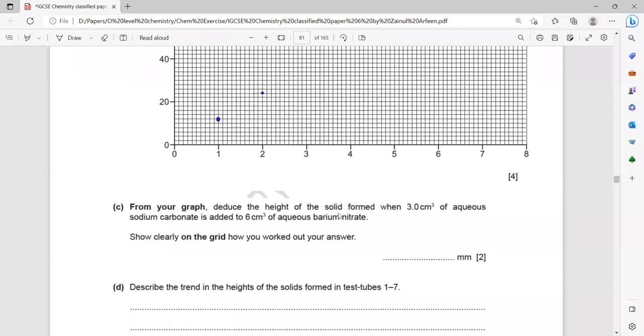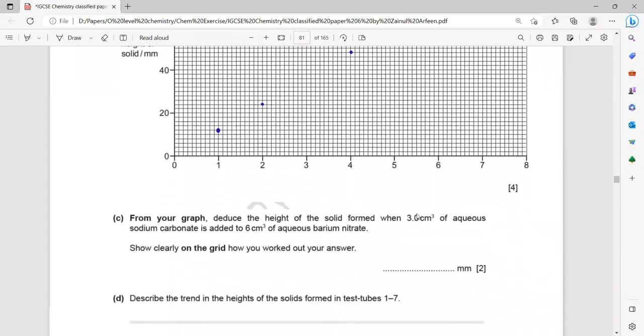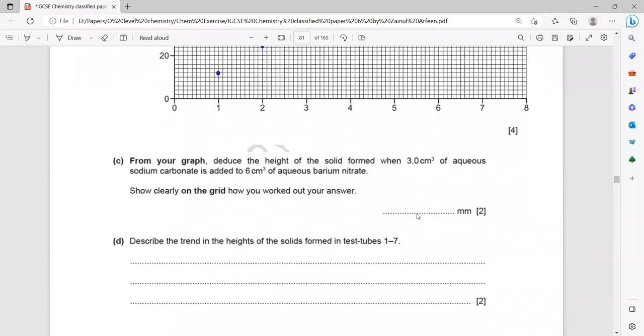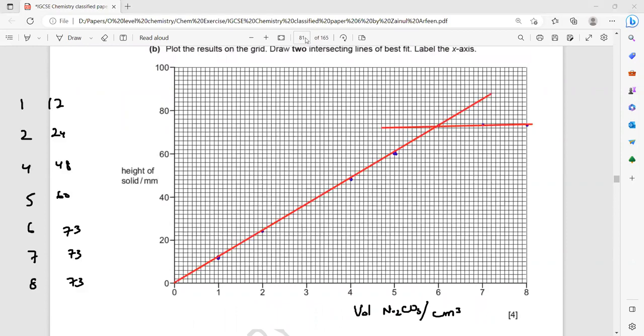From your graph, deduce the height of a solid formed with 3 cm cube of sodium carbonate and describe the trend in height of a solid formed from test tube 1 to test tube 7. So first we have to deduce the height of a precipitate formed if we use 3 cm cube of sodium carbonate.